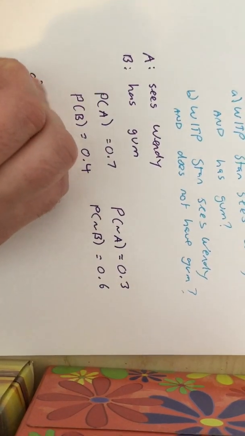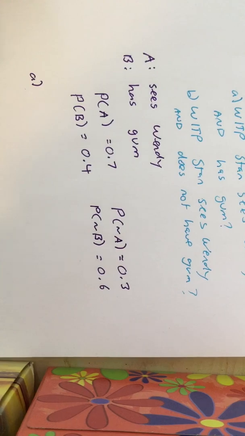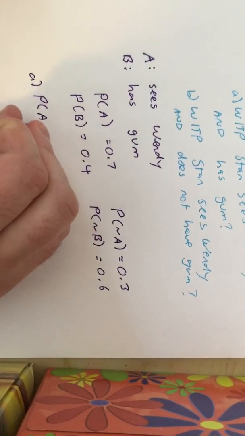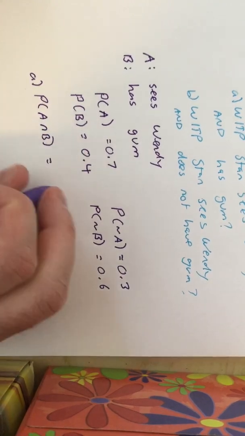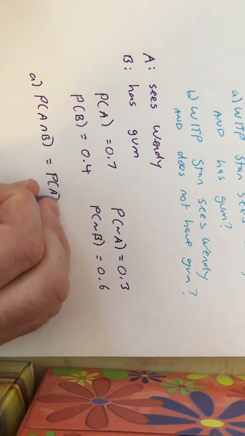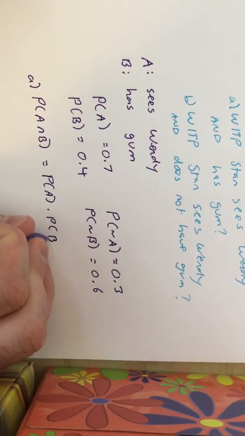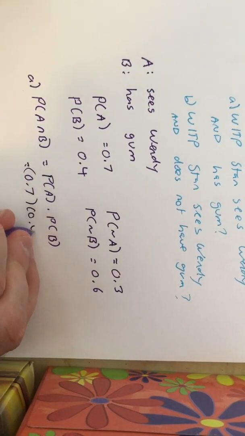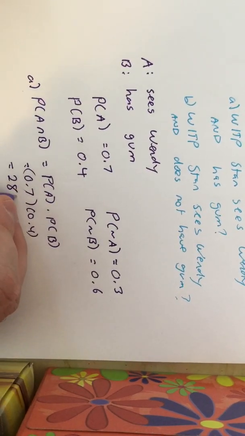So the answers to the questions now: what's the probability that Stan sees Wendy and has gum? What I'm looking for is the probability of A and B, which, because they're independent, is the probability of A times the probability of B, which would be 0.7 times 0.4, which I think is 28%.